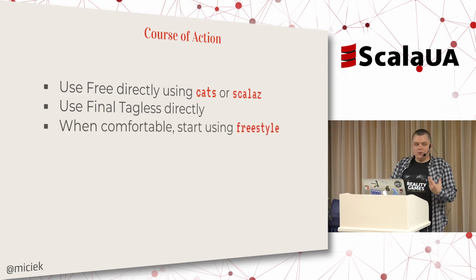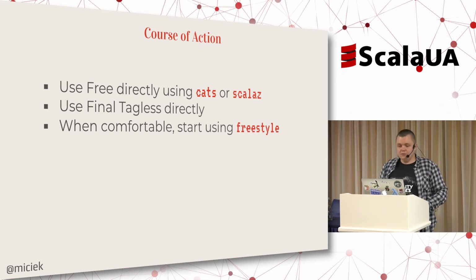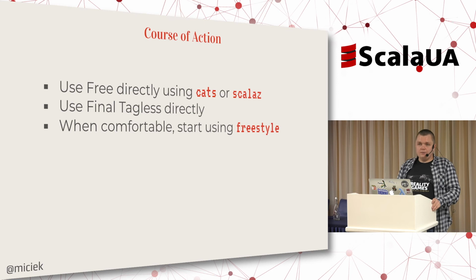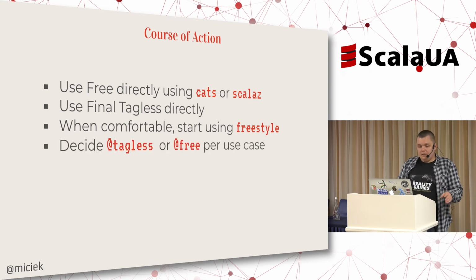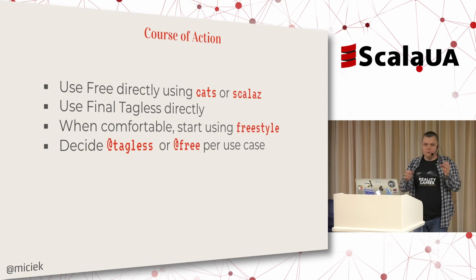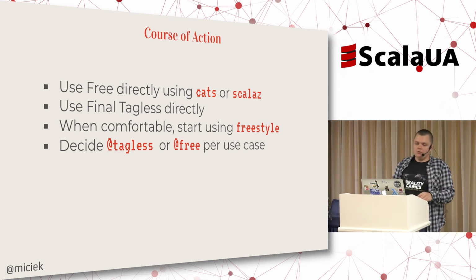And when comfortable, start using Freestyle. It's a very, very quickly evolving library. Recently, they added a Cassandra effect to that, so you can really create free kind of programs for different use cases in your application. I encourage you to look at that, and then you will be able very quickly to change tagless into free and free into tagless based on those technical concerns.